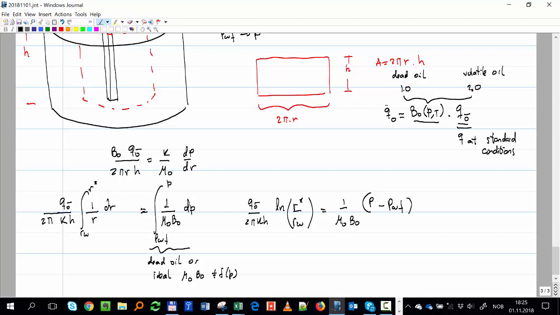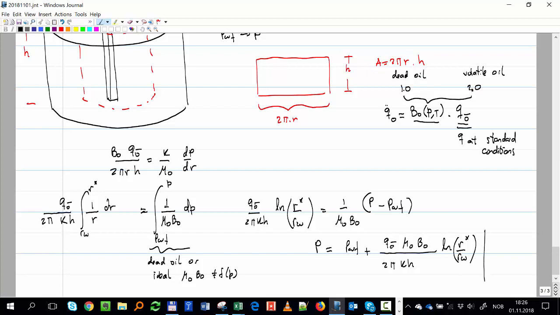Okay, so let's do that. Let's say, so you have Qo times mu_o B_o divided by 2 pi kh and ln of r over r_w equal P_wf plus, and this will be P, right? I hope. I think so. Yes. Okay.